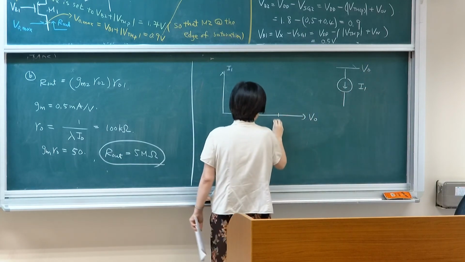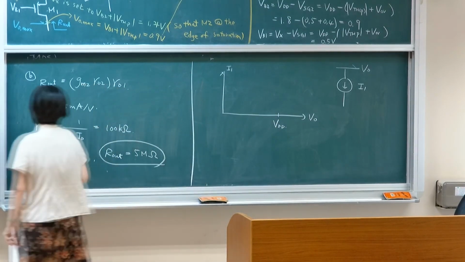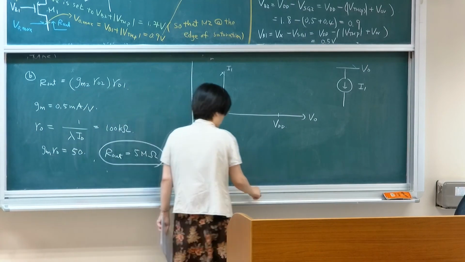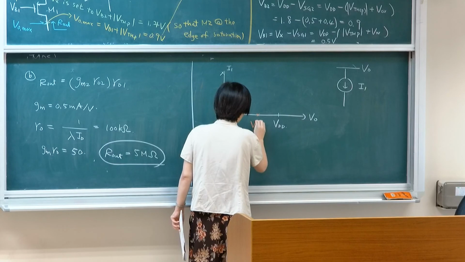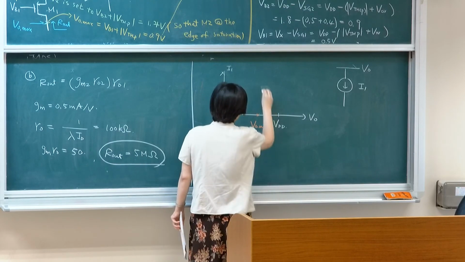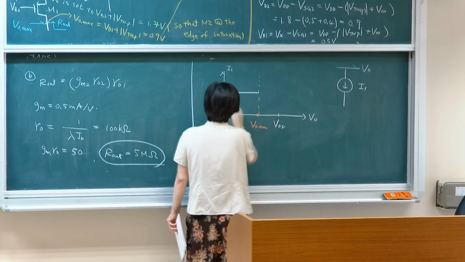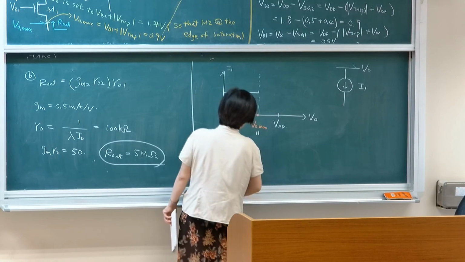Let's say this is VDD. There's a limitation as to where it can go because it's a PMOS, so it goes the opposite direction. As I said, it has an upper limit, VO maximum. So only when it's within this, from 0 to 0.9, so it's about half.